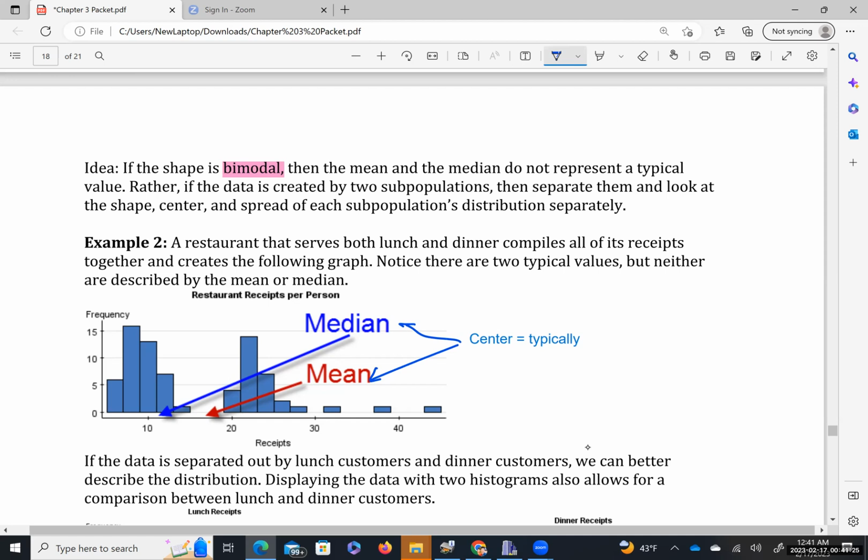If the data is separated out by lunch customers and dinner customers, we can better describe the distribution. Displaying the data with two histograms also allows for a comparison between lunch and dinner customers. So let's take a look at this below here.